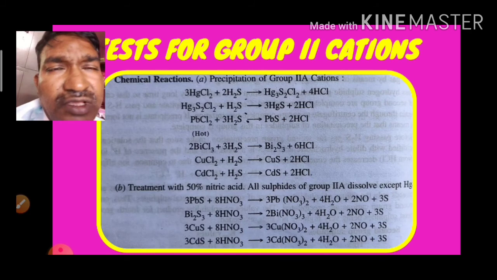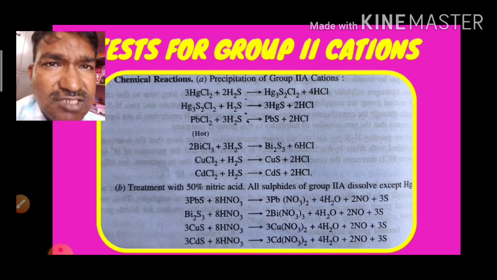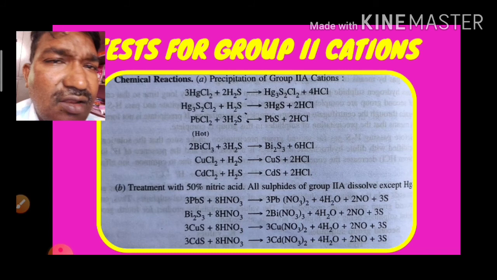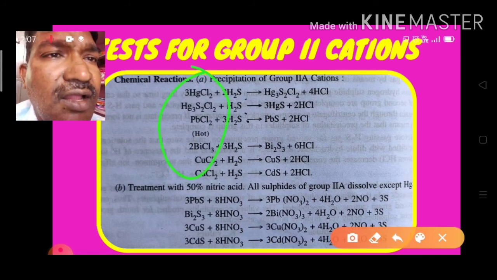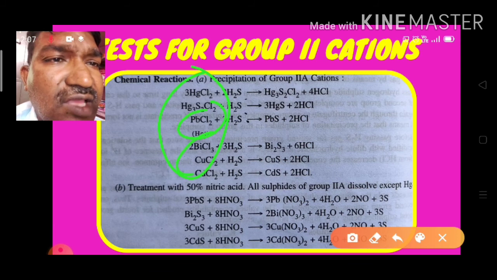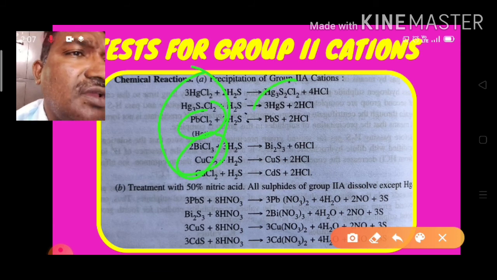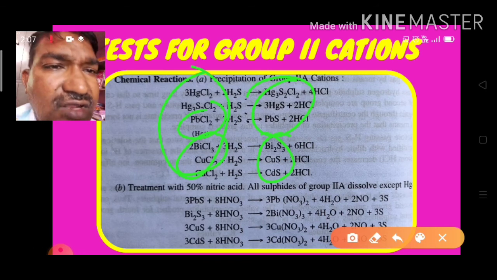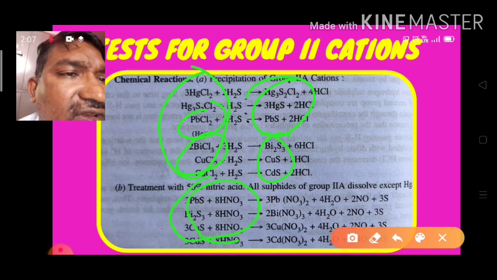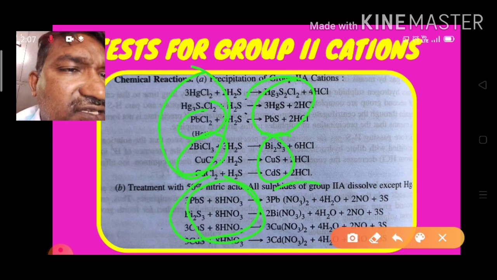Now we move on to the reactions related to the second group analysis. Look here, all these cations, mercuric ion, lead ion, bismuth ion, cupric ions form sulfides as precipitates. Then after, these are treated with nitric acid, so they go into solution in the form of nitrates.